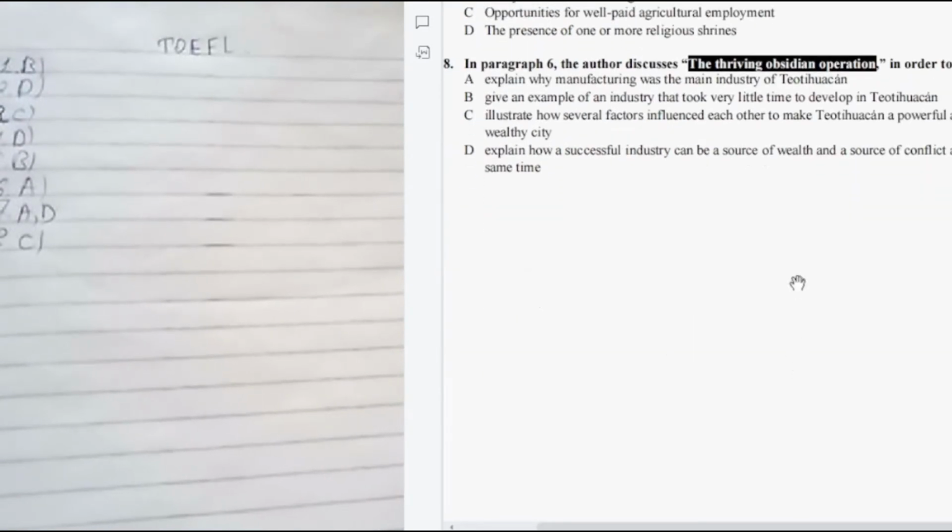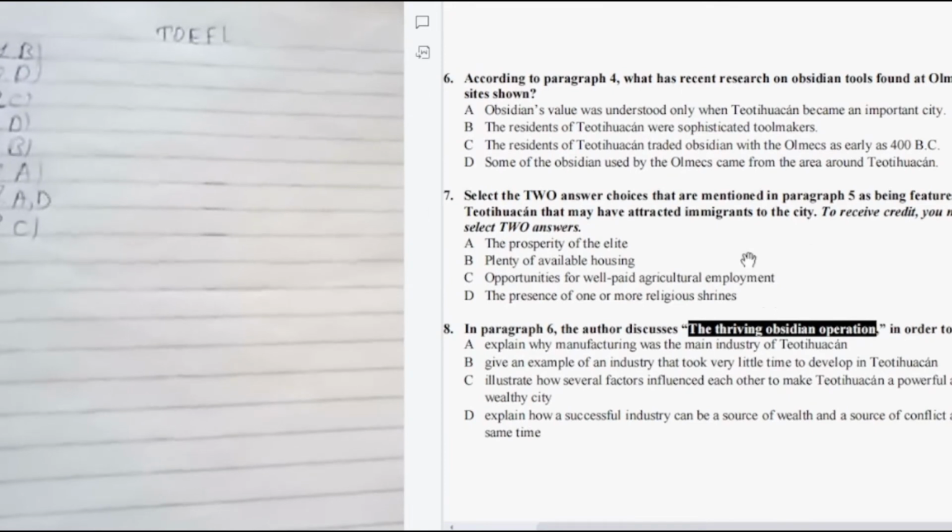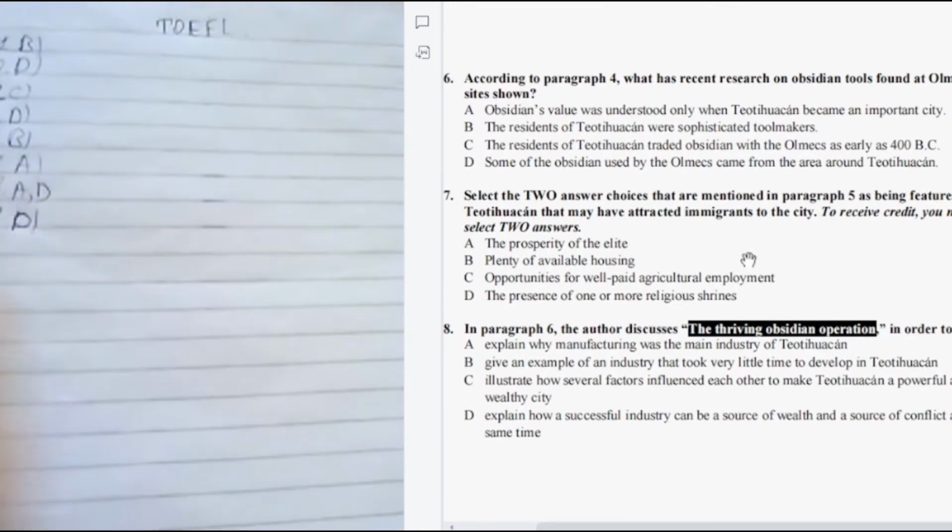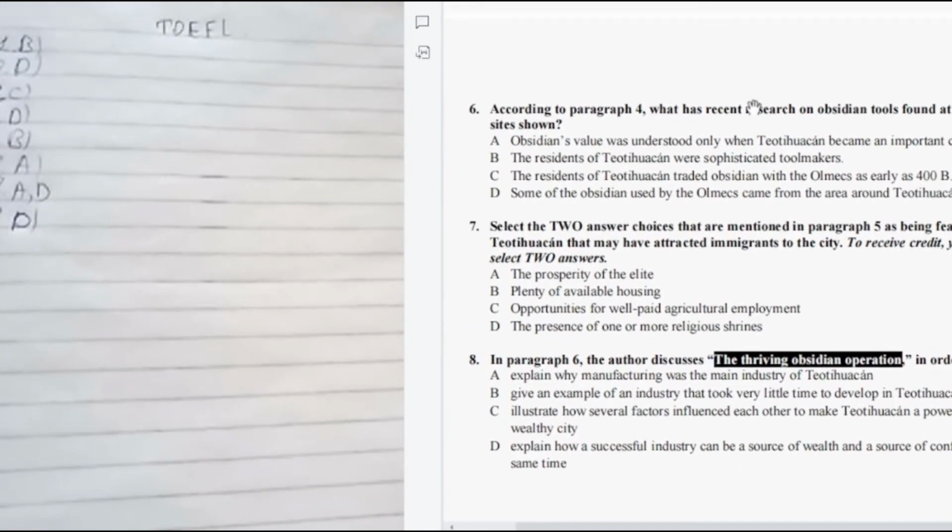Explain how a successful industry can be a source of wealth and a source of conflict at the same time. Actually, it can be D, because of how a successful industry can be a source of wealth.